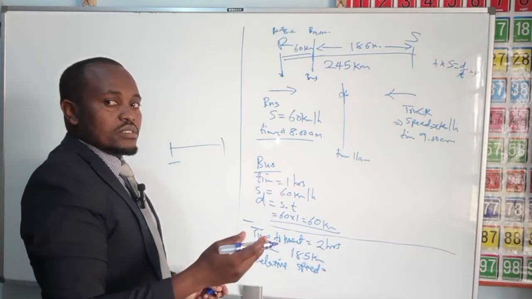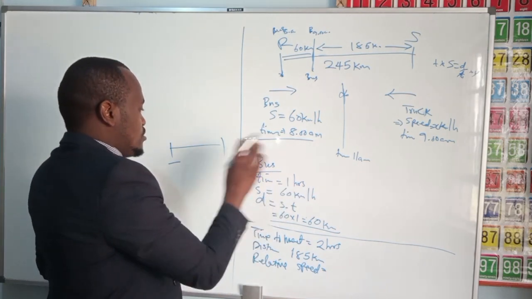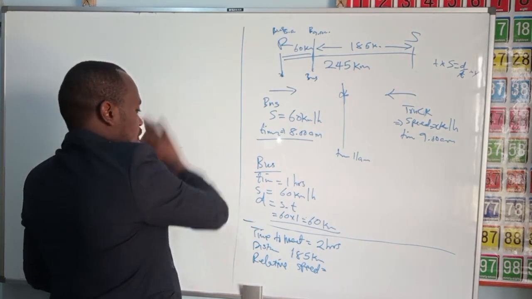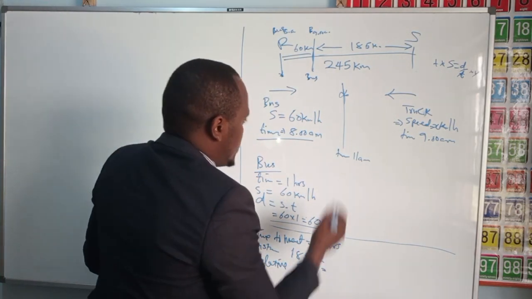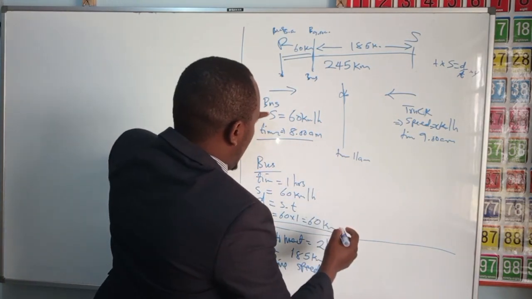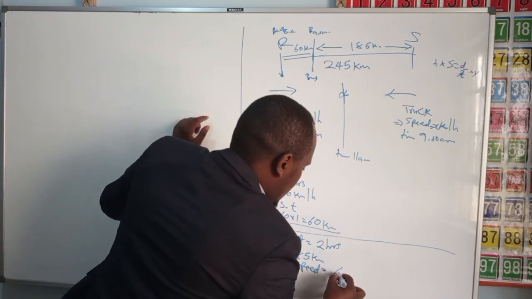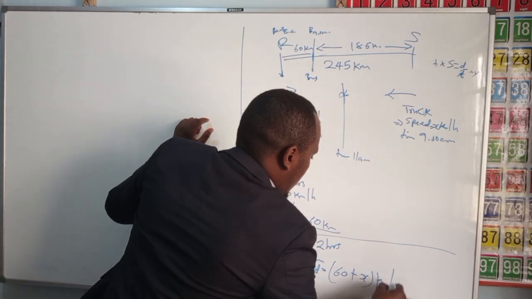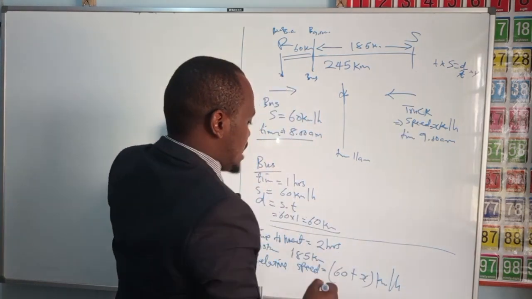That is when we subtract. But this time, they are moving in different directions. So relative speed is equal to speed of the bus, 60, plus x kilometers per hour. X is the speed of the truck.